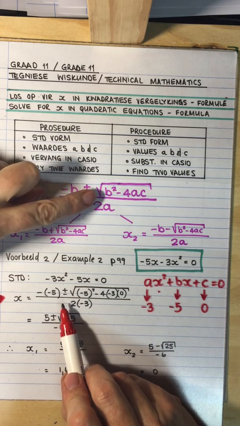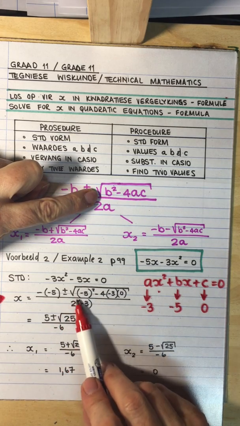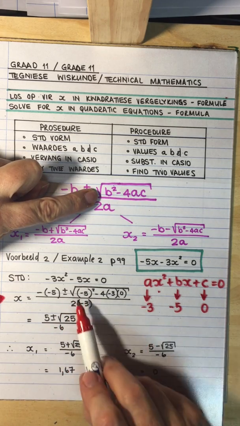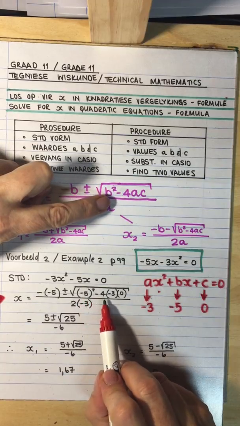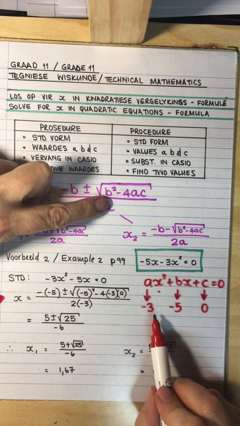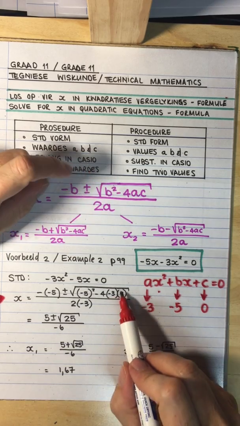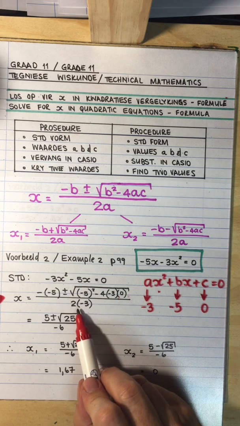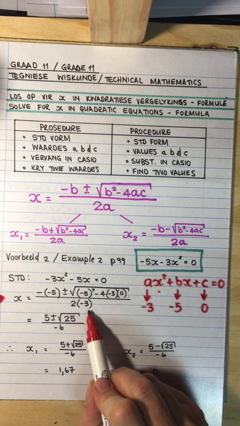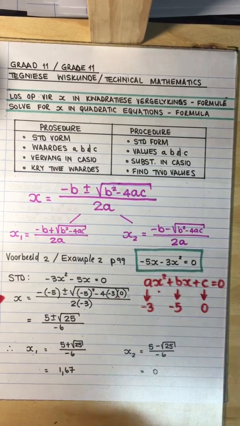Plus minus, square root sign, again round brackets for the value of b, substitute the -5 squared, -4, a round bracket for the value of a, and a round bracket for the value of c. In the denominator, I also put a round bracket for the value of a, which is -3.